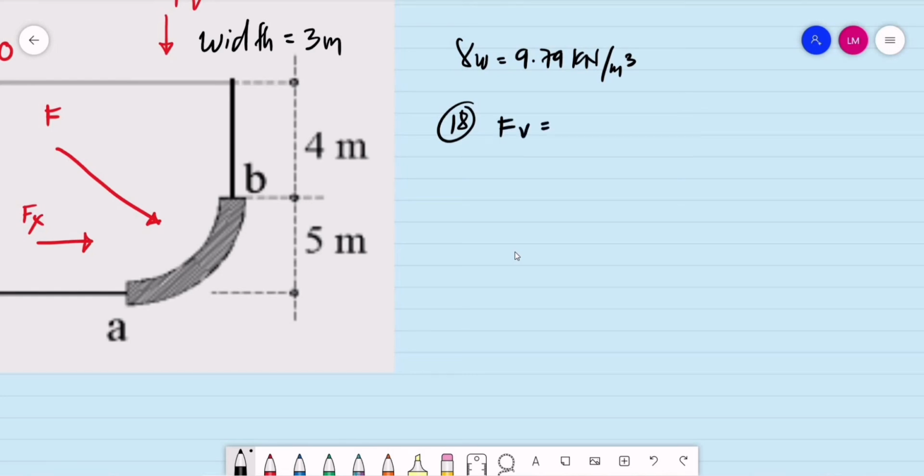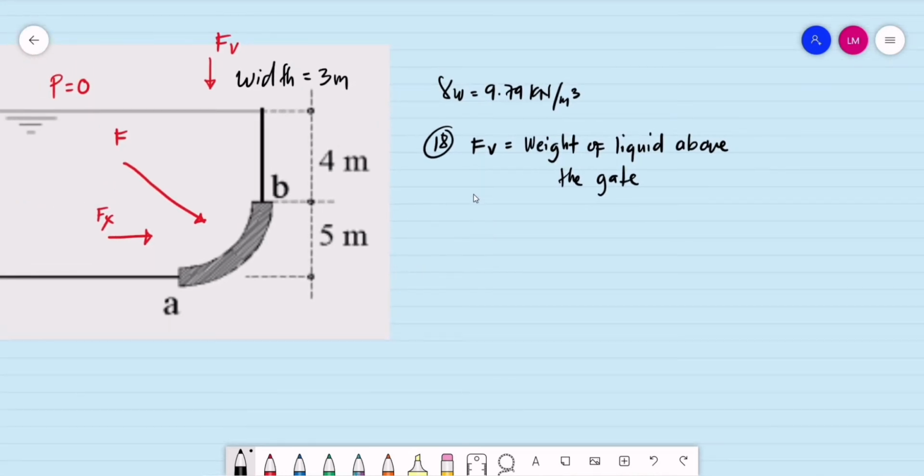Ang vertical component ng hydrostatic force is equal to the weight of the liquid above the gate. So F sub B equals the weight. Paano ba tayo mag-compute ng weight? Kung i-recall natin yung fundamentals, ito yung unit weight of the liquid times the volume, gamma times volume.